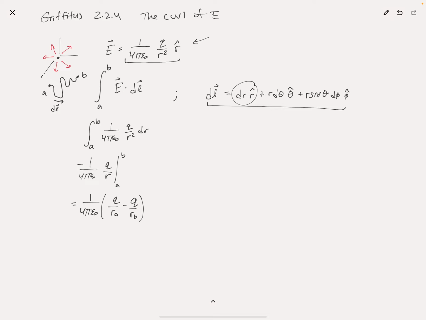Okay, so that is the path integral of E dot dl from point A to point B.